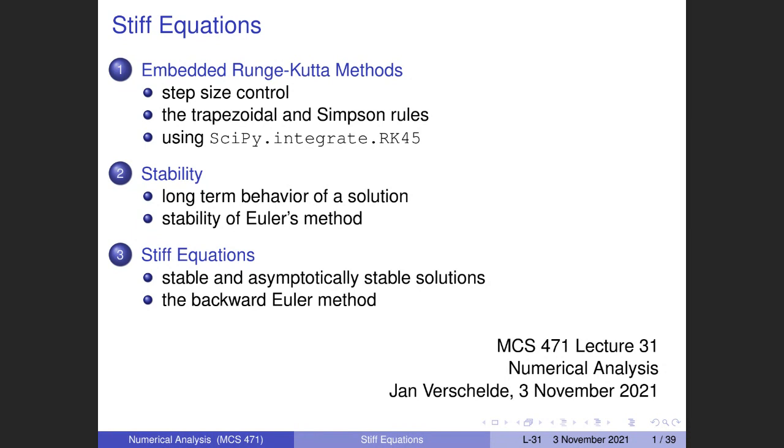We will end with the backward Euler method, which will prove to be superior to the Runge-Kutta methods that we have covered earlier. I will start with the Runge-Kutta methods, which are typically used in an embedded fashion. So what we will get to is the step size control.